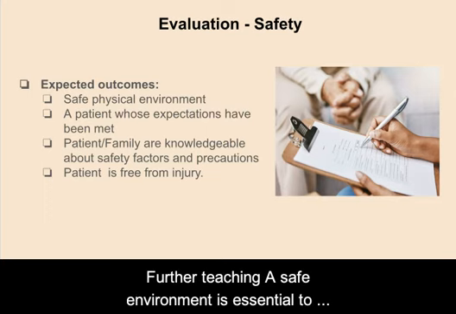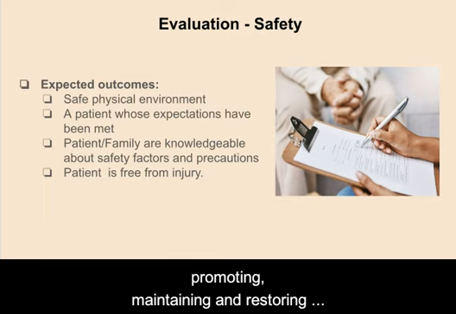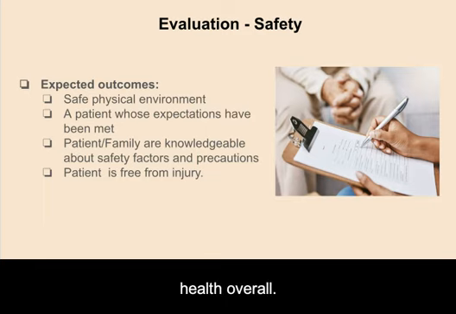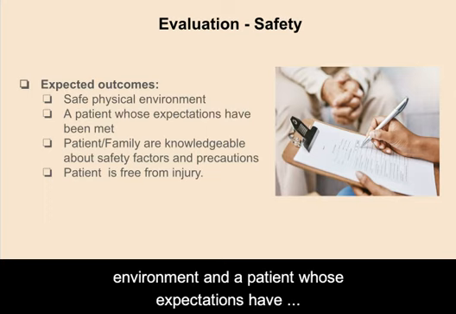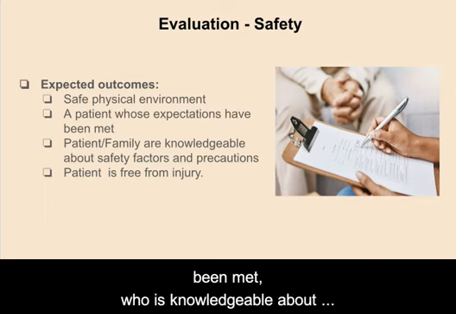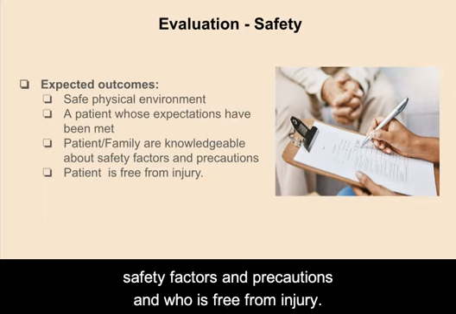A safe environment is essential to promoting, maintaining, and restoring health. Overall, your expected outcomes include a safe physical environment and a patient whose expectations have been met, who is knowledgeable about safety factors and precautions, and who is free from injury.